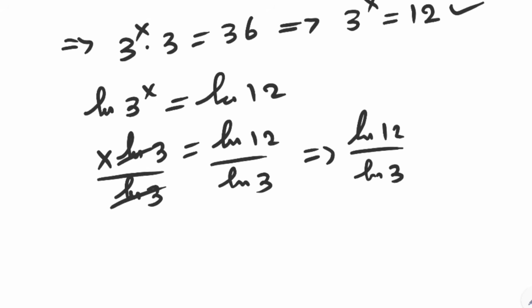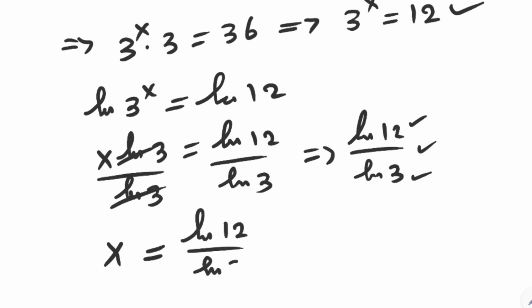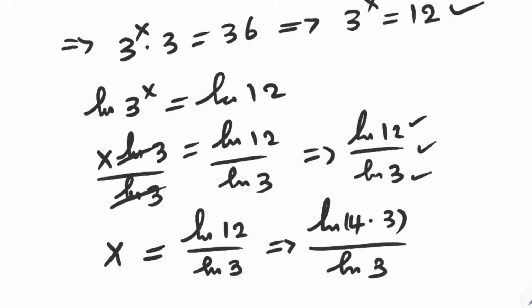And of course, from here, if you want to get the value of x using a calculator, you can also solve it directly by getting the value of ln of 12 and dividing it by the value of ln of 3. But here we may express this further, that is, x is equal to ln of 12 over ln of 3. This is the same thing as ln of 12 can be written as ln of 4 multiplied by 3 over ln of 3.